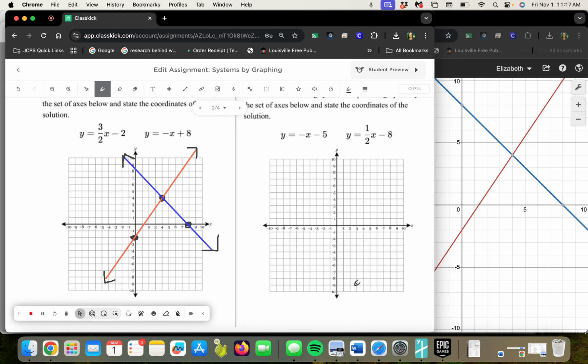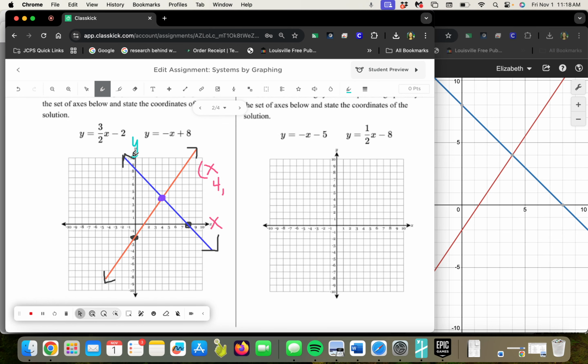So now that I can see that I have my two lines graphed, my solution, remember, is this point right here where they intersect. I need to look and see where my x coordinate is, and you can see that my x coordinate is right up here at 4 because it lines up with the 4 on the graph.